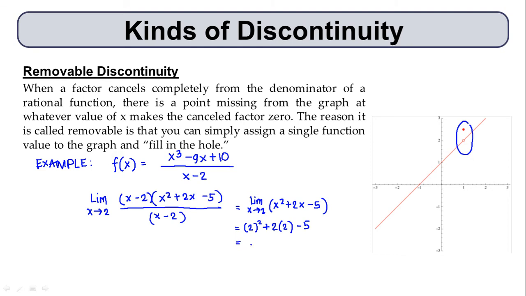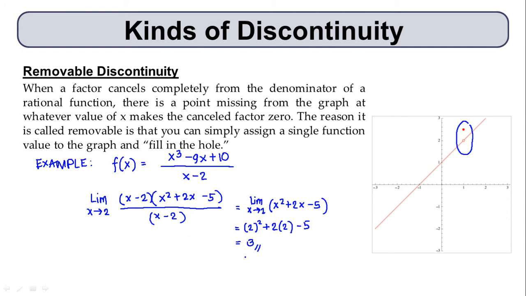It is now equal to 4 plus 4, 8 minus 5, which is equal to 3. Therefore, the value or the limit exists, no? Kaya siya removable discontinuity kasi inaalis na natin tong x minus 2.